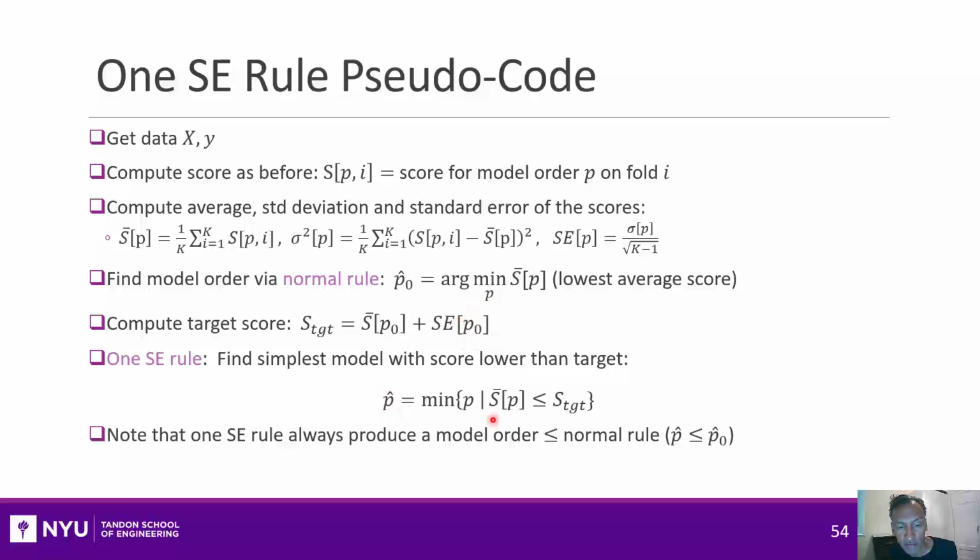And then, to use the mathematical lingo here, I'm just going to pick the smallest model order that gets me an average value that's within this target.